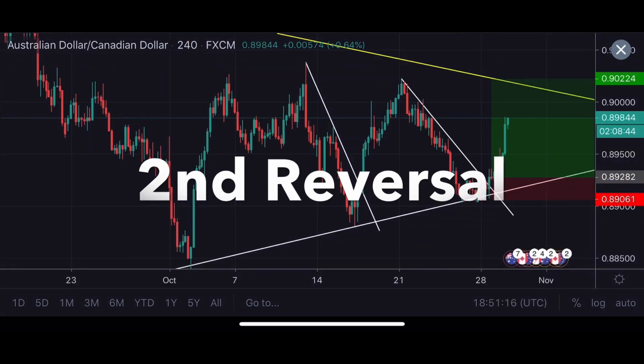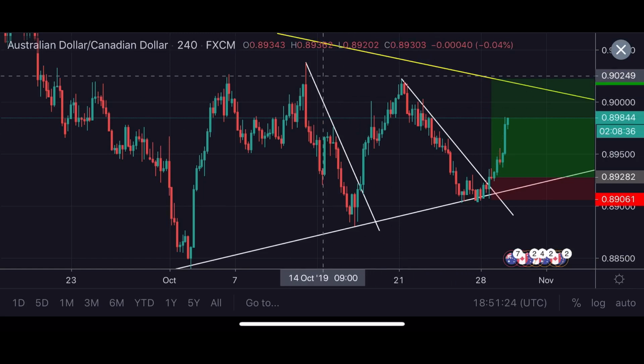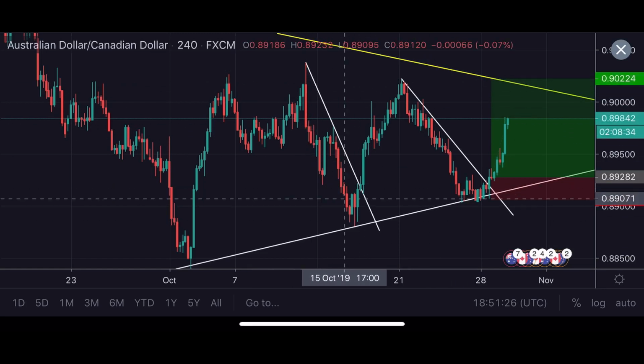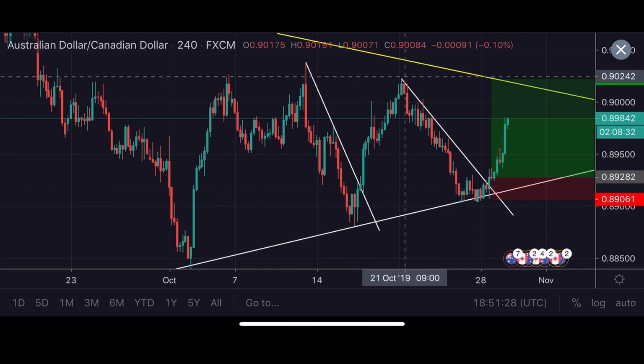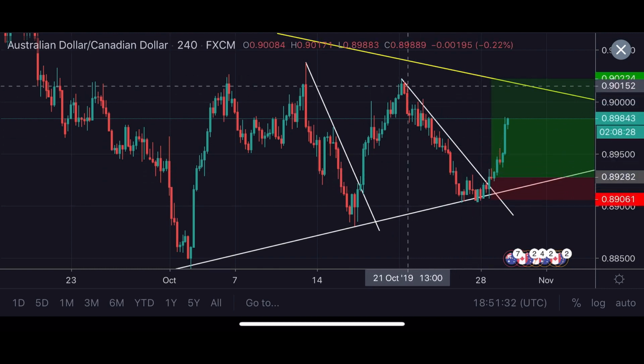So guys, this is what the current reversal looks like, right? So basically it's the same principle that we used to get this reversal that we used here. Basically, this was the reversal here.